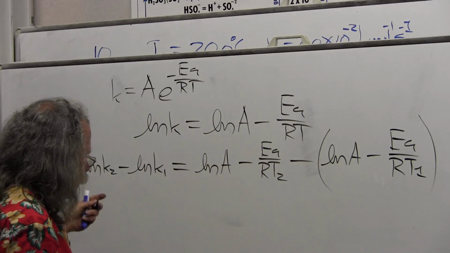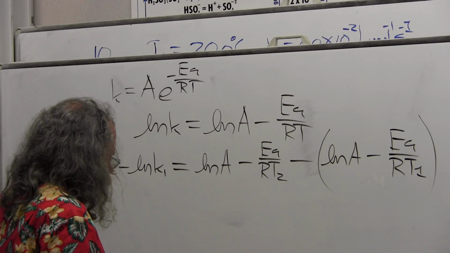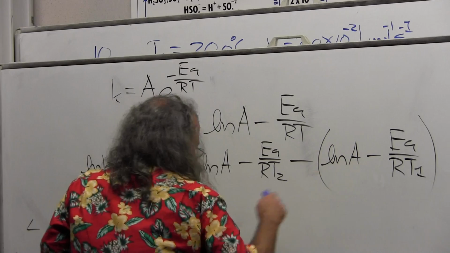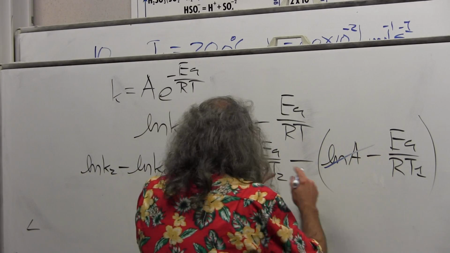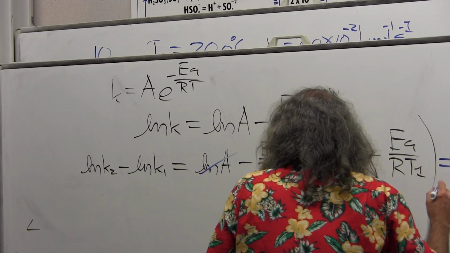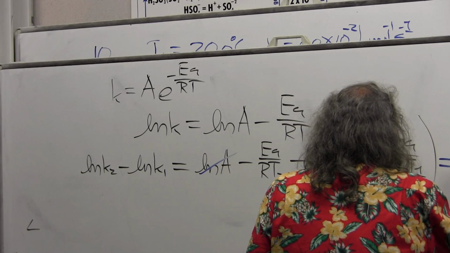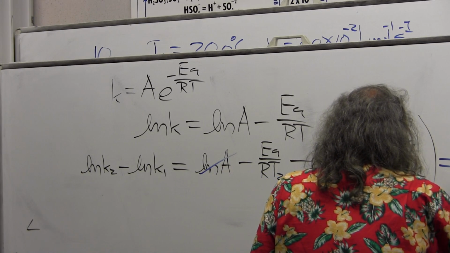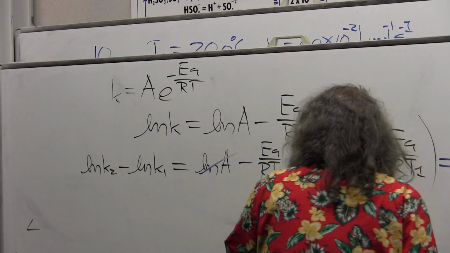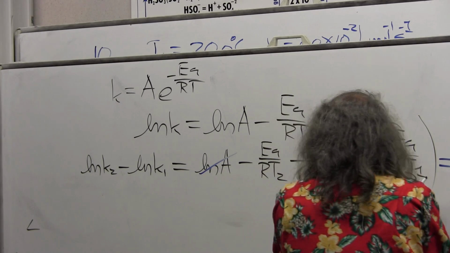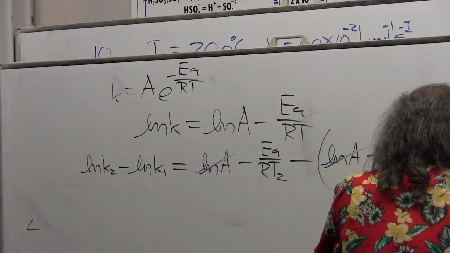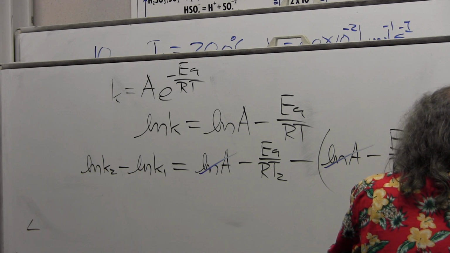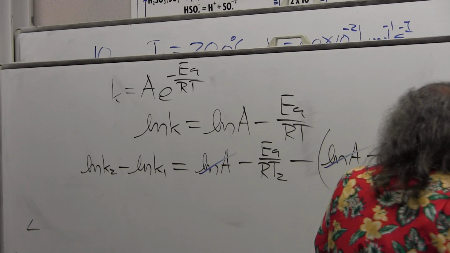Distributing the minus sign, the A's drop out, and that's equal to Ea over R times 1 over T1 minus 1 over T2.